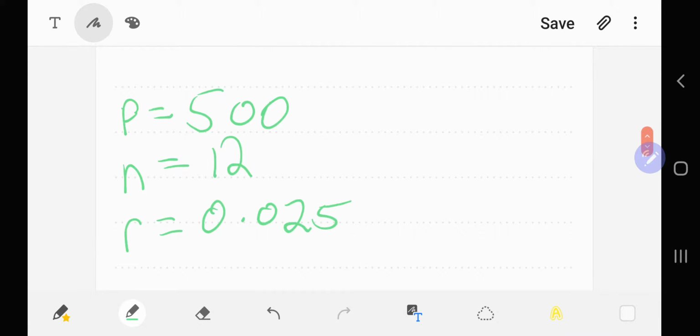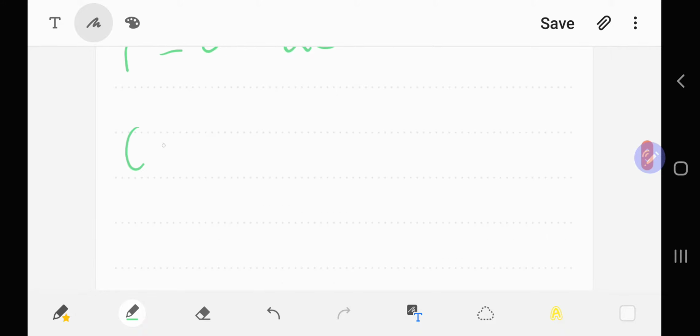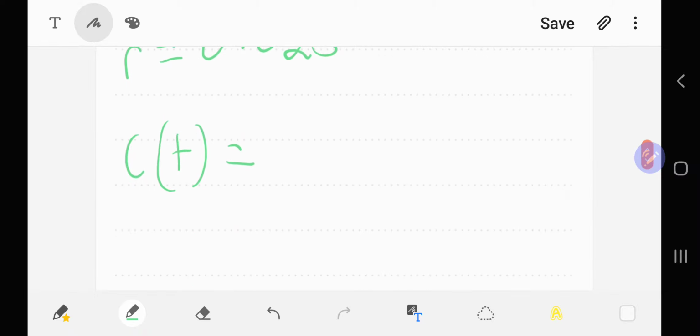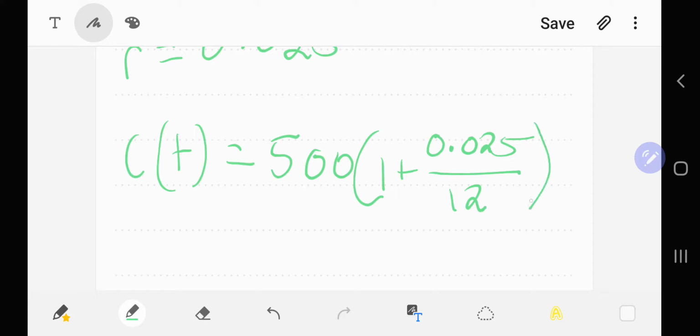We're going to use the equation that we created to first create an equation. So C of t equals the initial value 500 times 1 plus 0.025, r, divided by n, 12, raised to 12t.